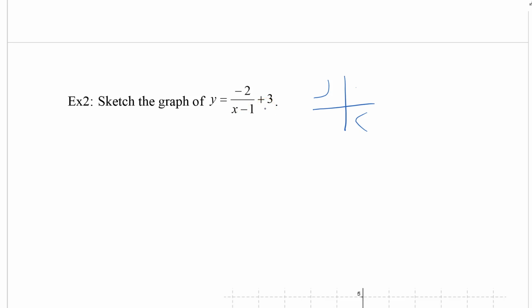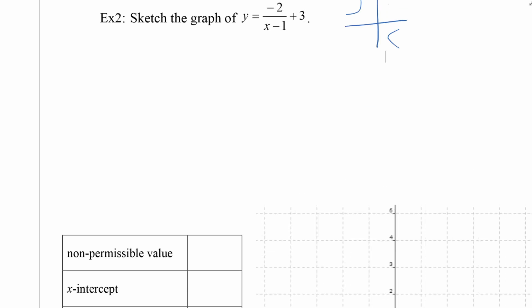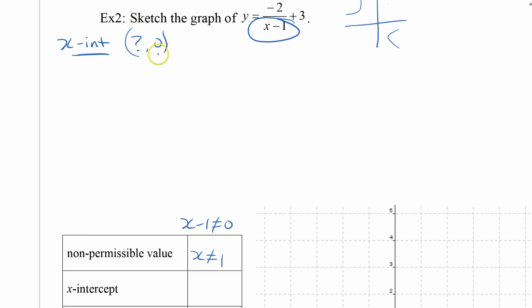We've got here, what is my non-permissible value? So looking at the denominator, x minus 1 cannot be equal to 0, so I'm going to say x cannot be equal to 1. What is my x-intercept? Well, that takes a little bit of effort here. My x-intercept means what's my x value when y is equal to 0?